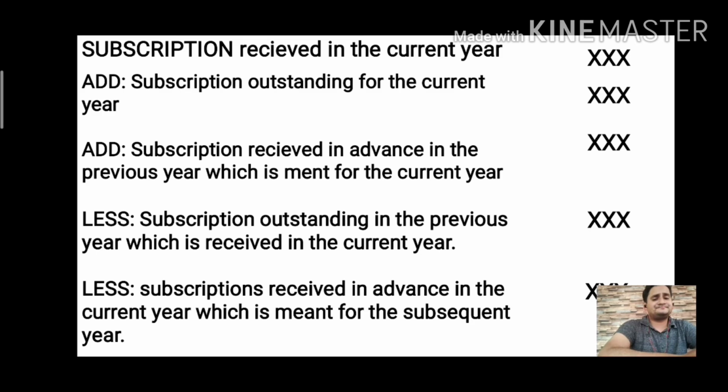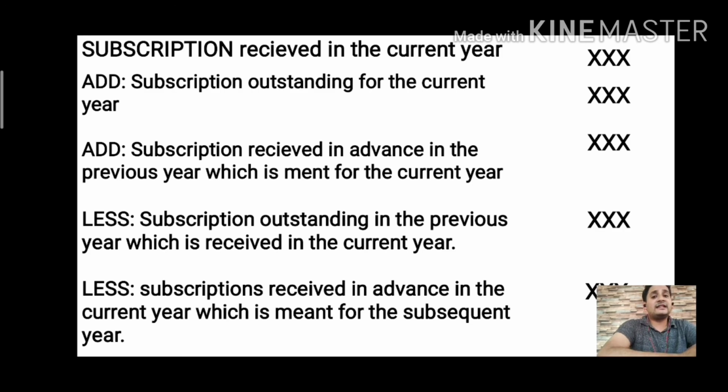So, what items will be added? Subscription outstanding for the current year, meaning the 2019 subscription outstanding will be added. Subscription received in advance: if the 2019 current year subscription was received in 2018, that amount will be added.